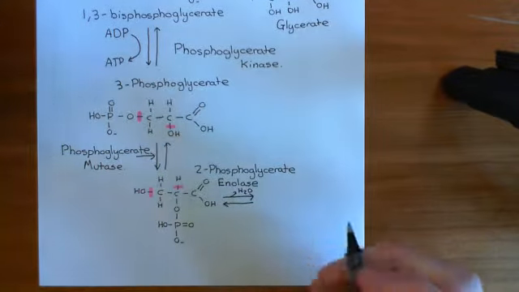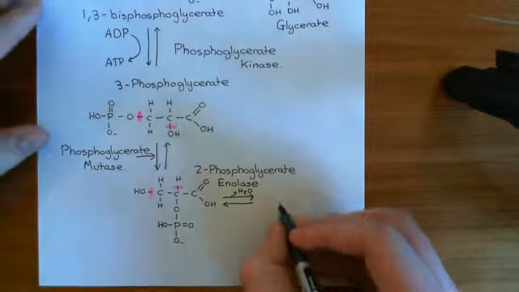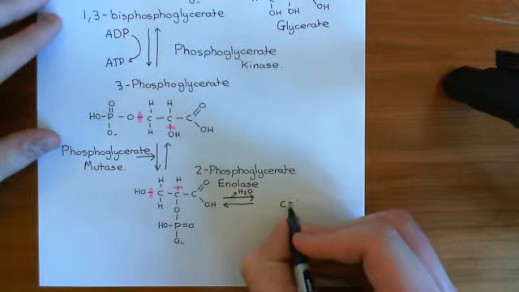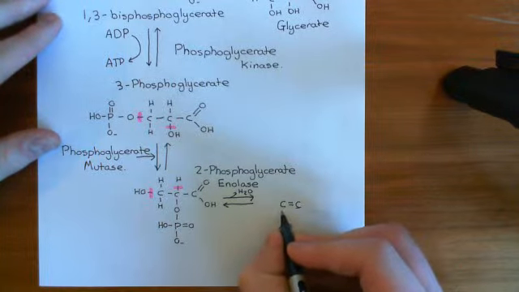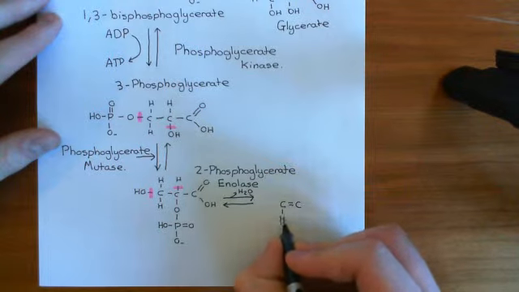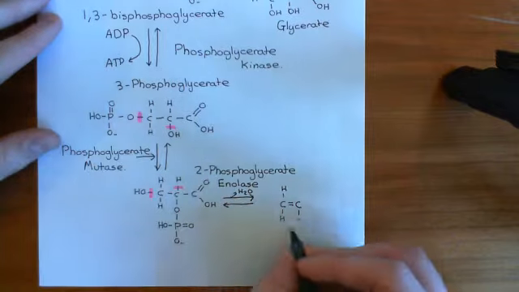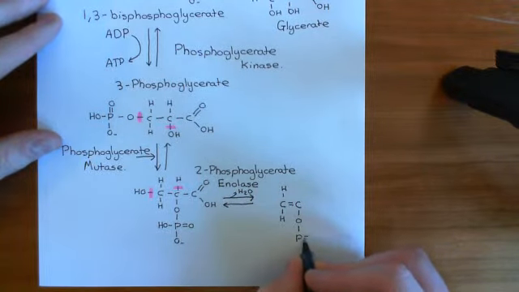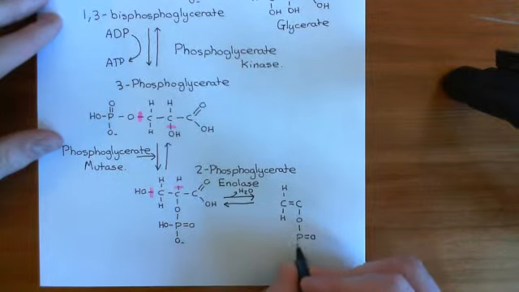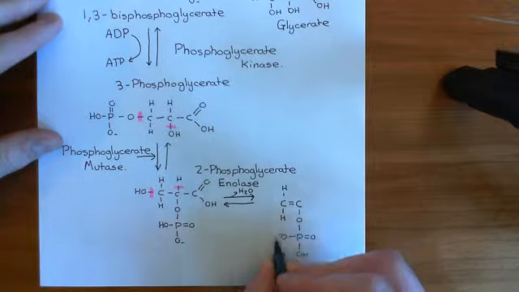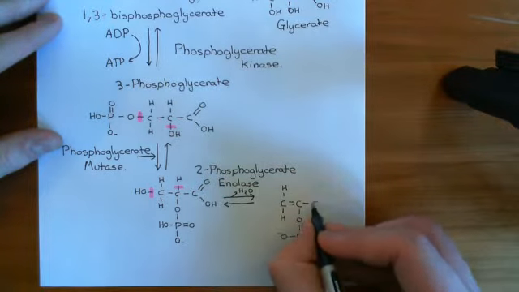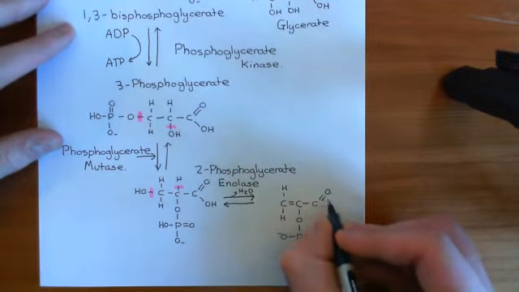So on the forward step, what you'll get is water being given off. And the main product is going to be what's known as phosphoenolpyruvate. So we've got our double bond here. We've still got these two hydrogens off here, so I'll try and draw it as similar as possible to what I've drawn here. We've then got this oxygen down here, which is linked via a phosphoester link, and I'm going to rectify this phosphate group. I prefer drawing it this way. And then we've got our carboxylic acid group here.